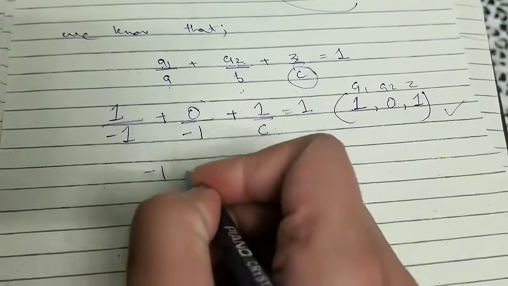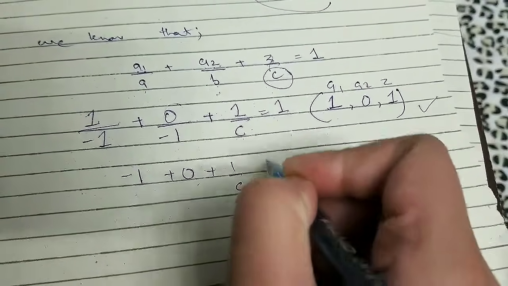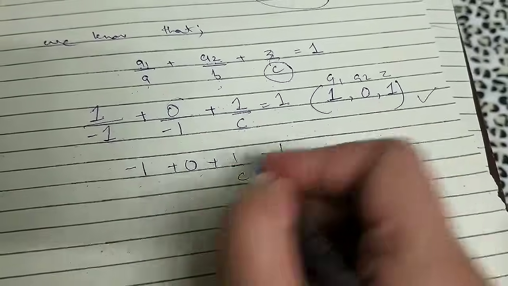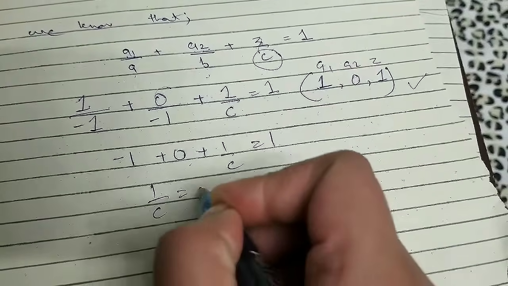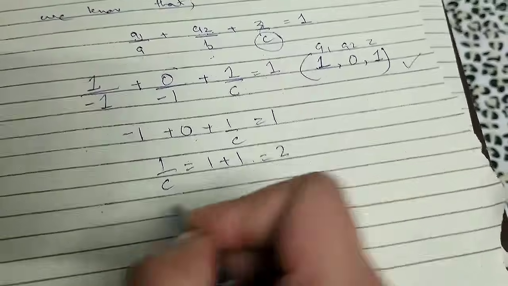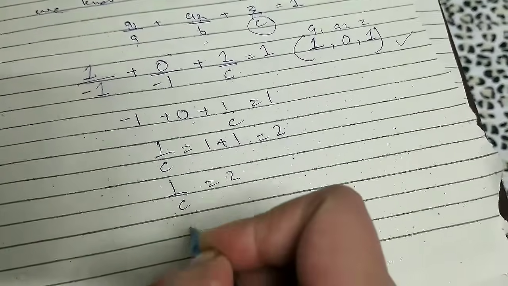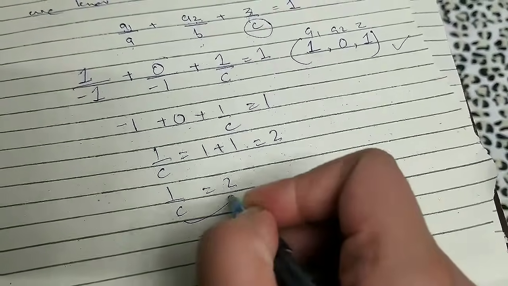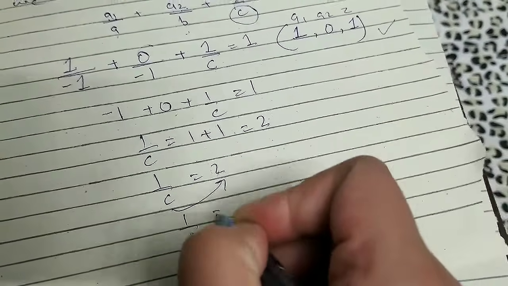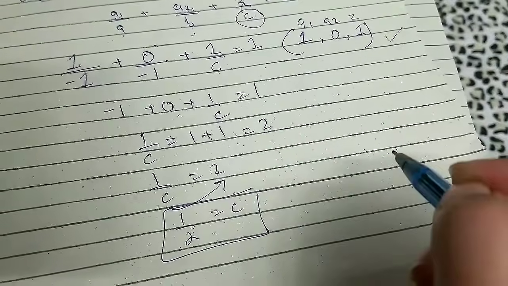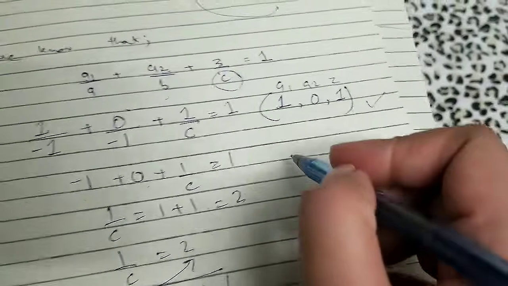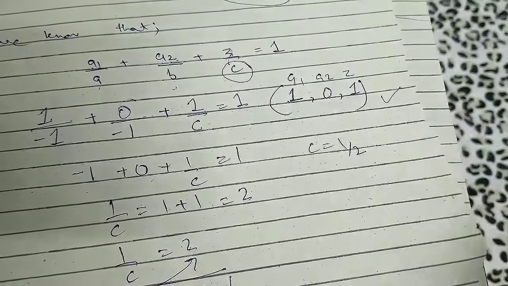This will become -1 plus 0 plus 1 over c equals 1. -1 goes to the other side of the equation, and we have 1 plus 1, which is 2. 1 over c equals 2, which means c equals 1 over 2. So the z intercept came out to be half.